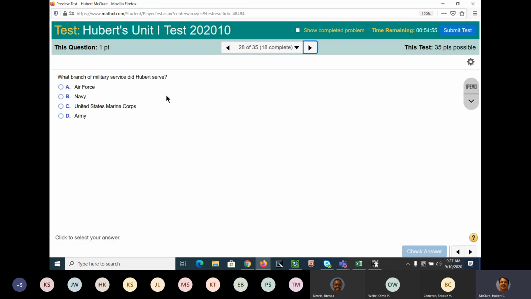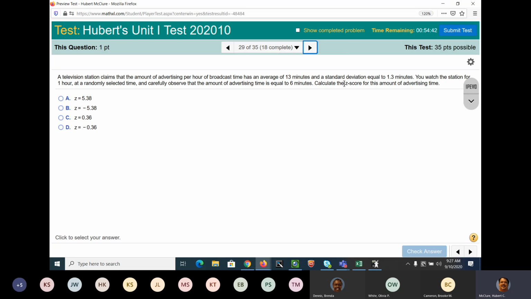The only reason it's bunching that up is because I'm not in the test. I'm in the preview. I'm in the teacher side. The only one that's got United States in front of it. Okay, this one maybe, this is ZScore. So there's your ZScore question. I told you you would have a ZScore question on there.